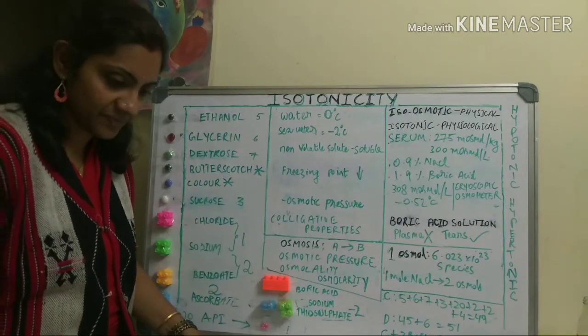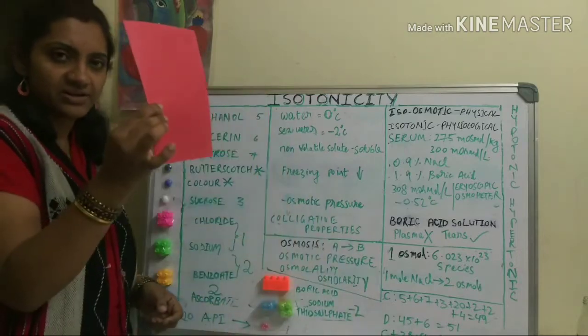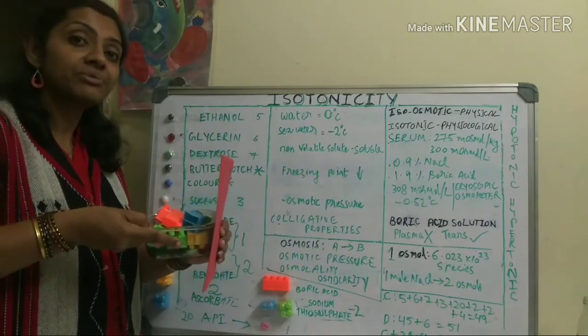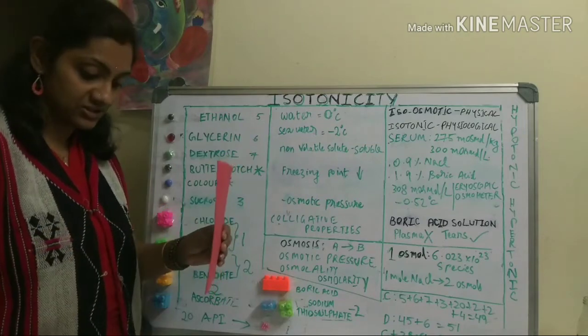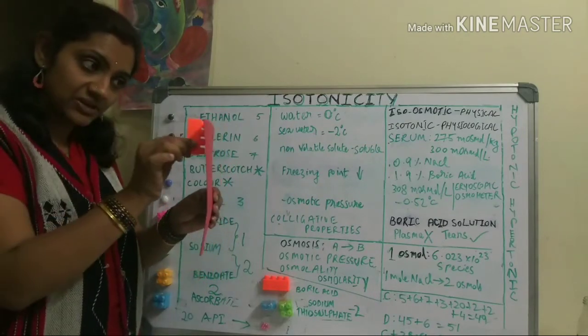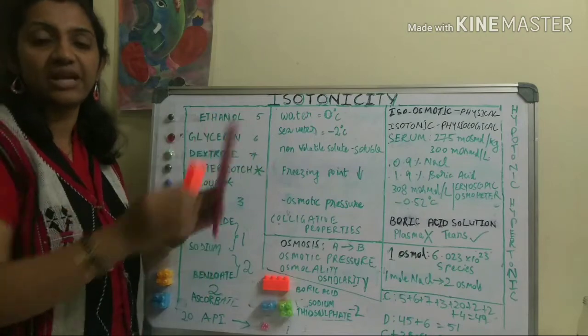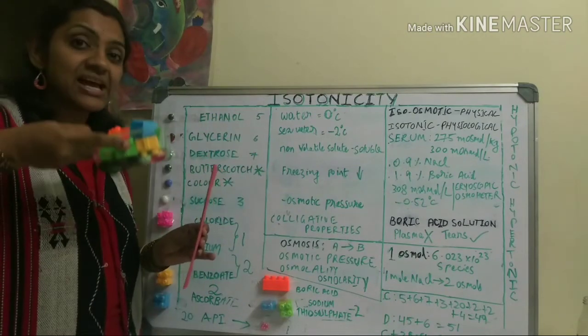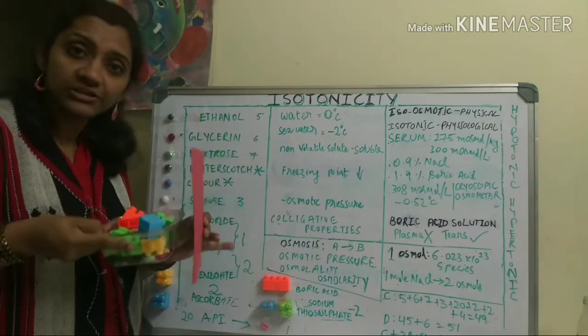Now this is my red cell membrane. If I give this solution, what will happen? Yes, you are right. This boric acid will happily go across and destroy the cell. So this is isoosmotic, but it is not isotonic.